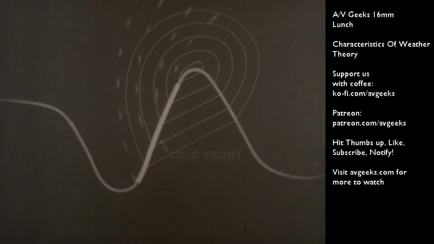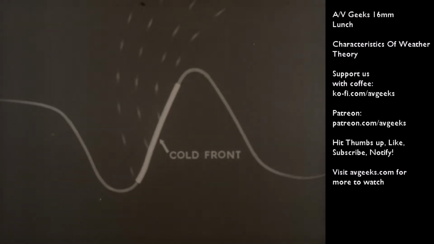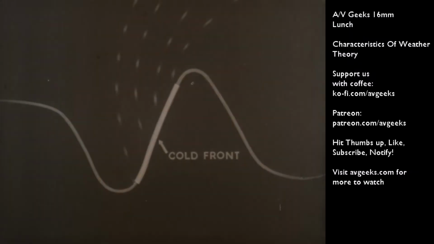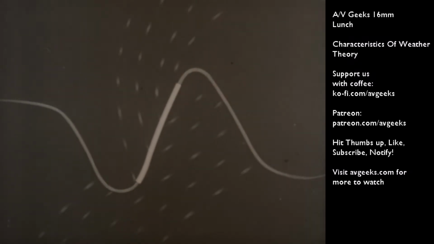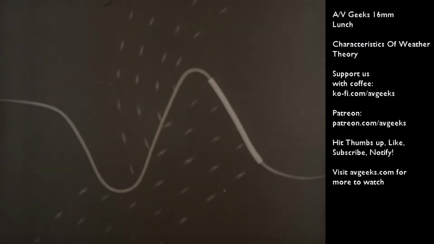The boundary is called a cold front, the term being defined as a boundary along which cold air is advancing. Warm air is moving away from this front and toward this boundary, which is thus known as the warm front.